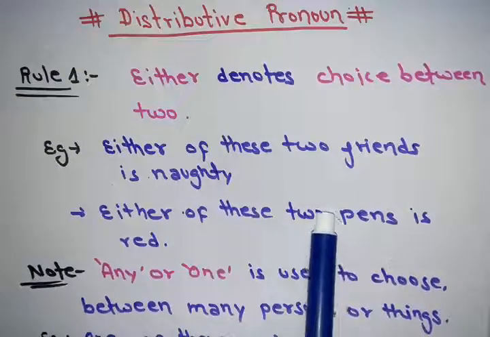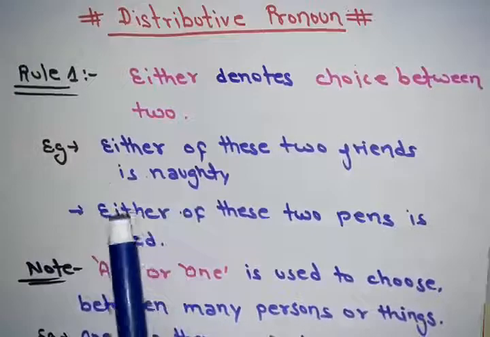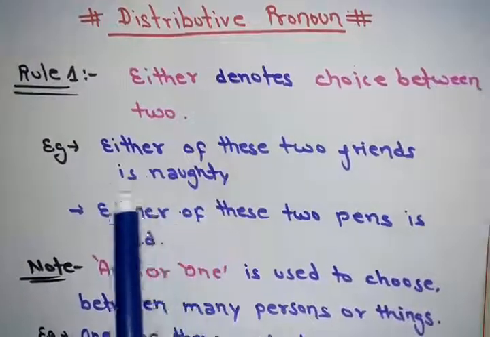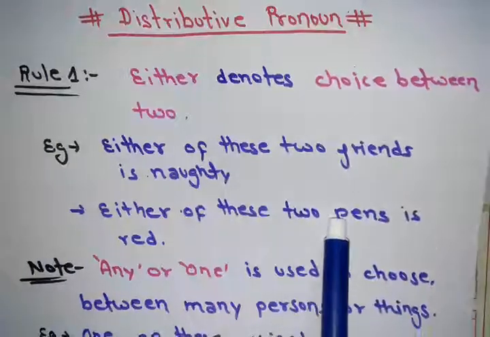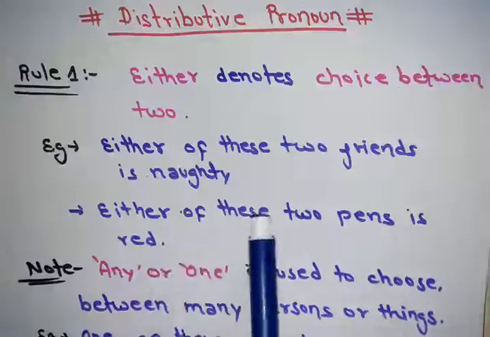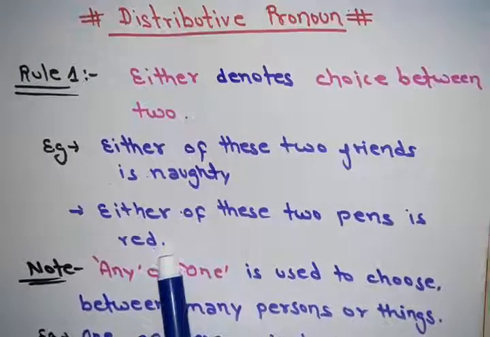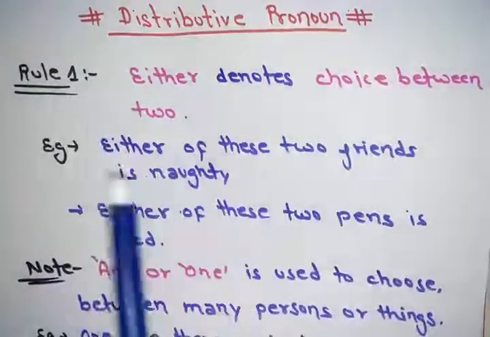If there is a 4 in place of 2, we can't use either here. So always remember, either is used for only two things: two friends are naughty, and either of these two pens is red. So either is used for between twos.